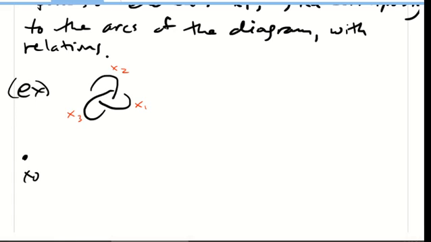Every loop, so let's put an orientation on the knot. It's not necessary to do this, but I want you to sort of figure out what's left and right.